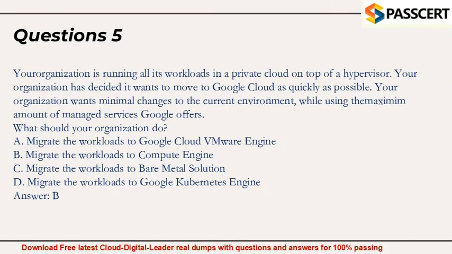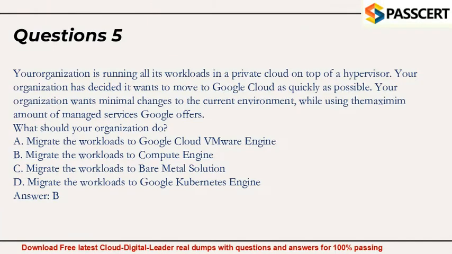Question 5. Your organization is running all its workloads in a private cloud on top of a hypervisor. Your organization has decided it wants to move to Google Cloud as quickly as possible. Your organization wants minimal changes to the current environment, while using the maximum amount of managed services Google offers.